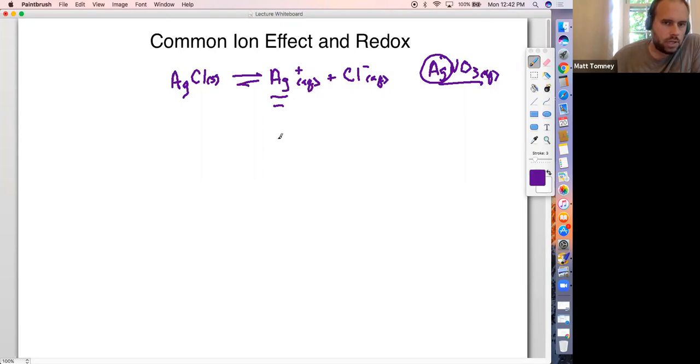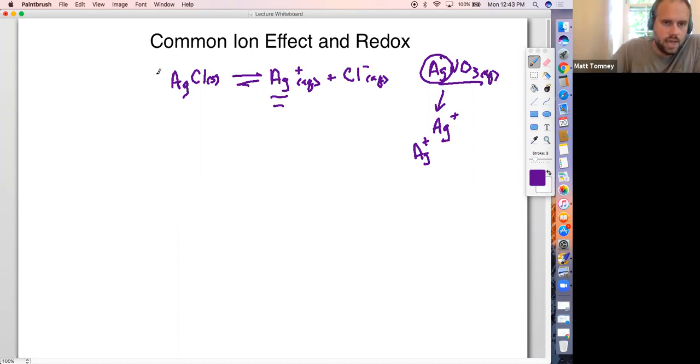And general logic would dictate that I should see a decrease in the solubility of the silver chloride, right? Because if I've already got silver being liberated from silver nitrate, and then I'm trying to add additional silver and liberate that from the silver chloride, I'm going to have a bit of difficulty doing that. So another way that we can view this is Le Chatelier's principle, going back to our general equilibrium principles.